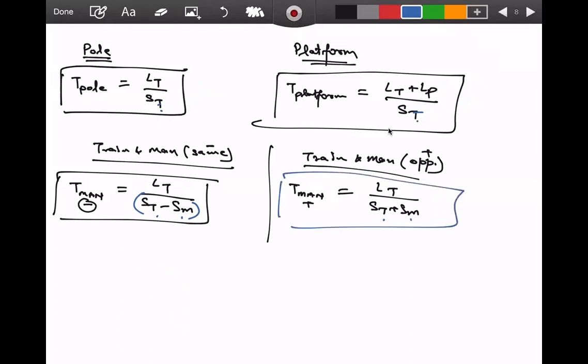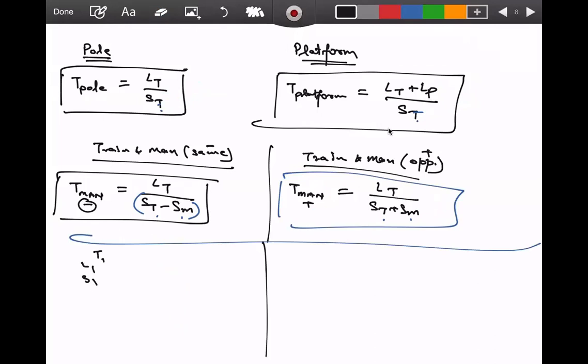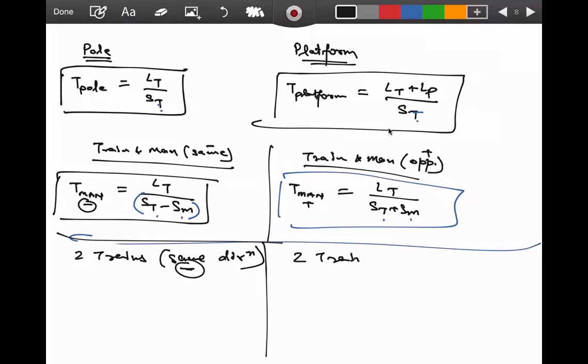So directly use this. And then after that, we have two trains. Train 1 of length L1, speed S1, train 2 of length L2 and speed S2. Basically two trains in same direction: their speeds will be subtracted. If we talk about two trains in opposite direction, speeds are added, and lengths in both the cases will be added.